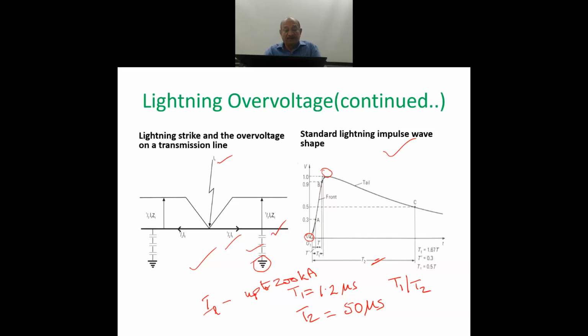So you might have observed sometimes the lightning leader is very bright, and sometimes it is not that bright, and the brightness depends upon the magnitude of the current. Higher is the current, the leader would be very, very bright, and more overvoltage would be produced. Higher is the current, more overvoltage would be produced.